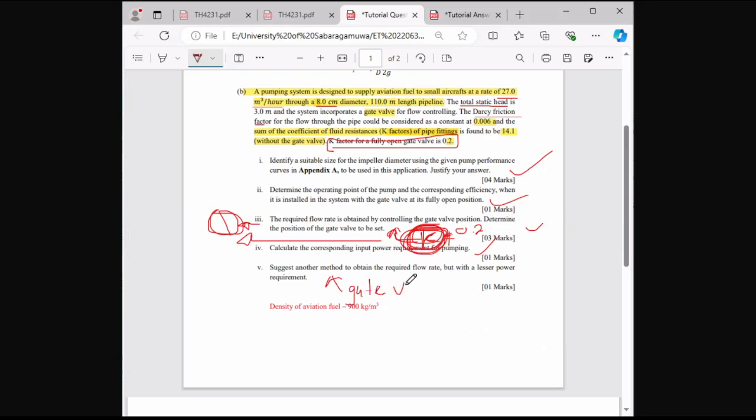But we can use a variable speed drive to operate this system. We can control the flow rate using a variable speed drive.